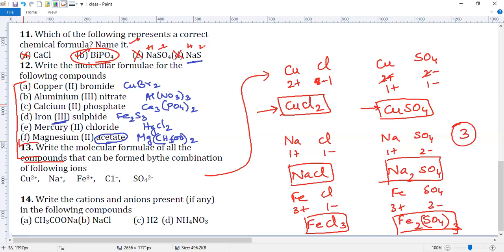So 3 marks in all. And the last question, whether or not you have got it right, you will get 3 marks completely. For the last one, this half mark, you can just like that give. Fine. For 11th question, I already said it is a 2 mark question. For writing B to be the answer and also writing its name to be bismuth phosphate, you get 2 marks, I said. Okay.